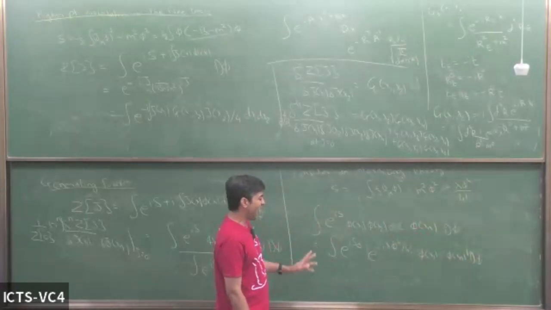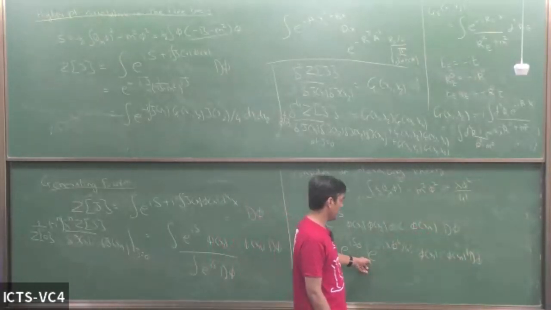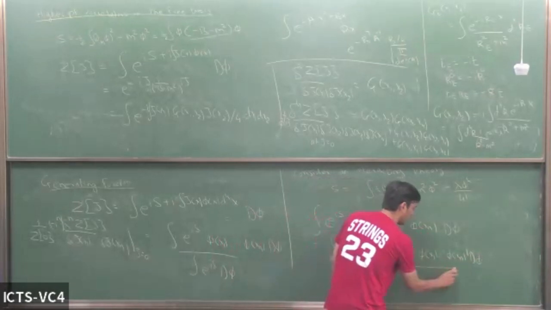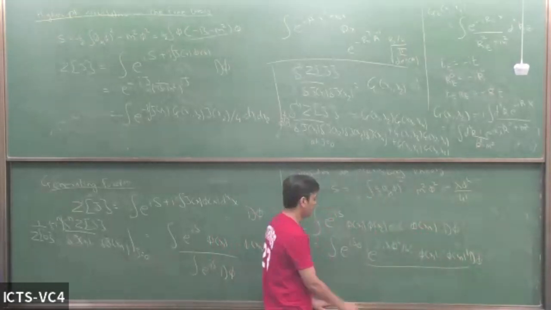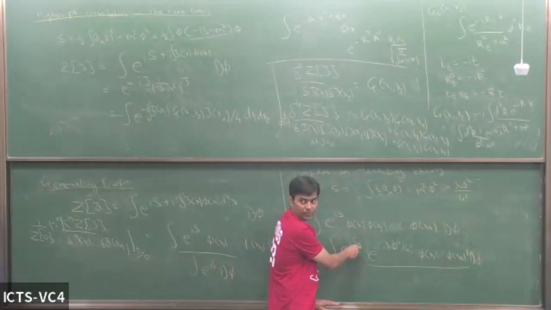But this is as if I was computing the correlator of this object in perturbation theory using only the free theory.